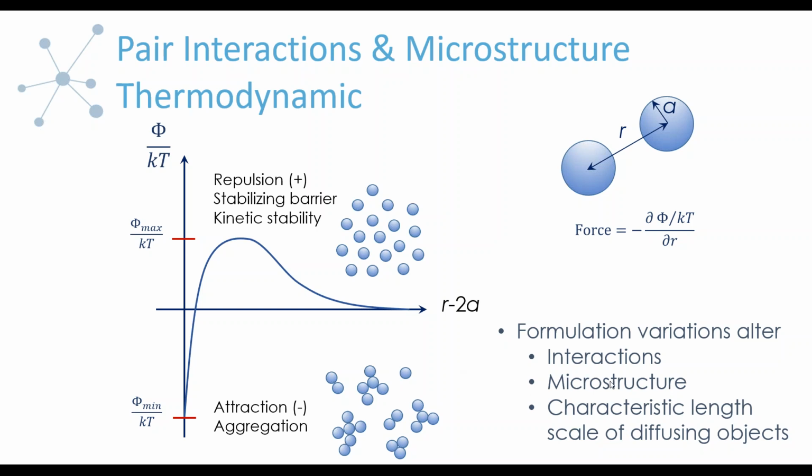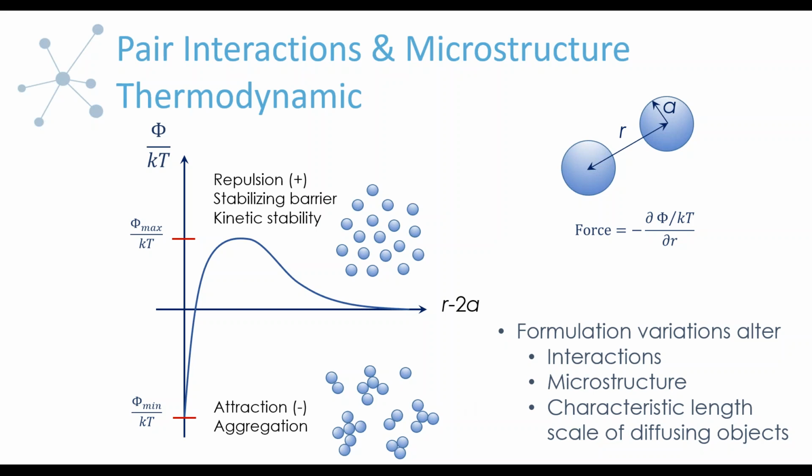And so this is what we mean by microstructural changes. We've now gone, by changing the formulation, from something that's dispersed and stable to something that's starting to group up in clusters or aggregates.